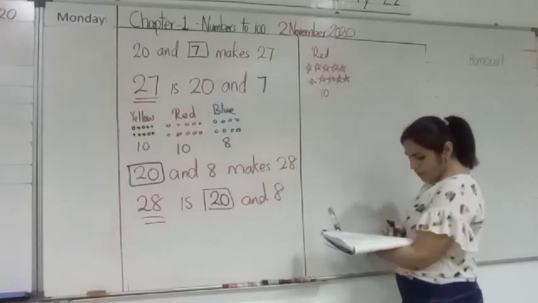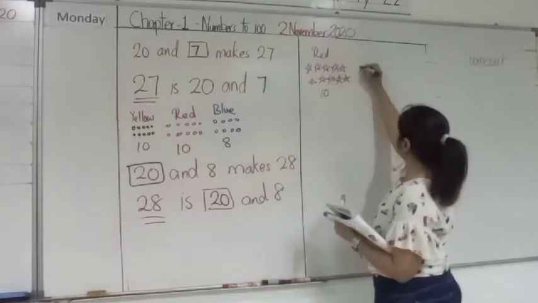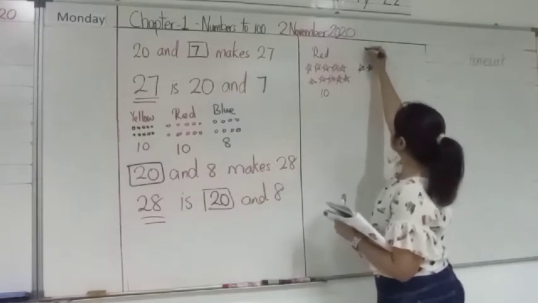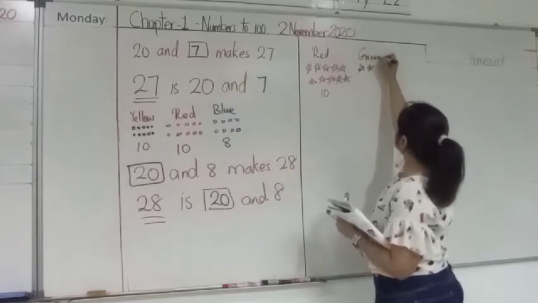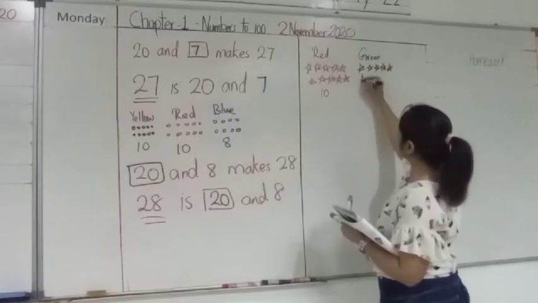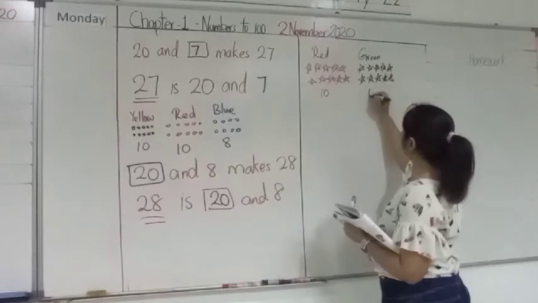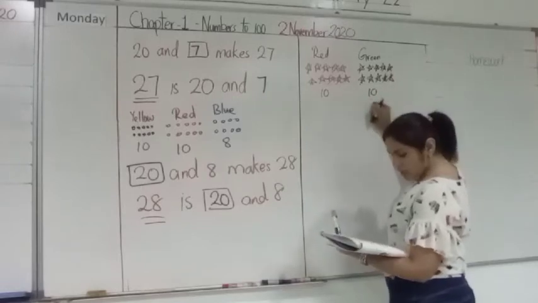Green stars, how many? 1, 2, 3, 4, 5, 6, 7, 8, 9, 10. You don't write the color. You just write the number. 10 green stars.